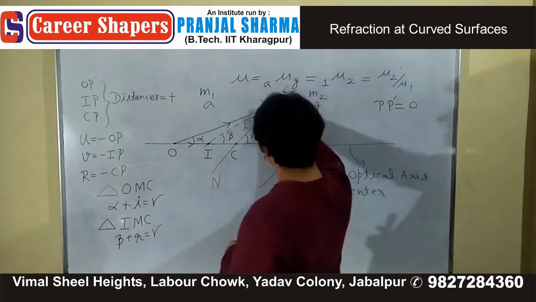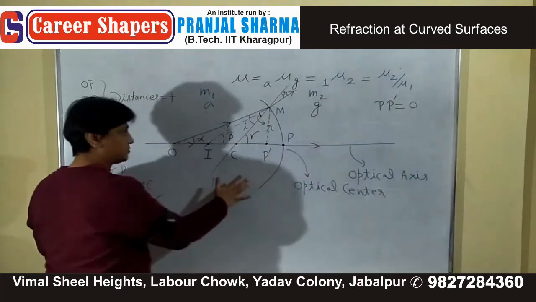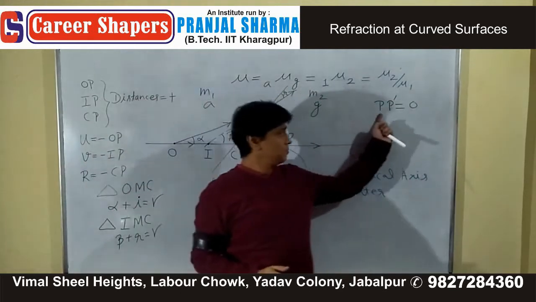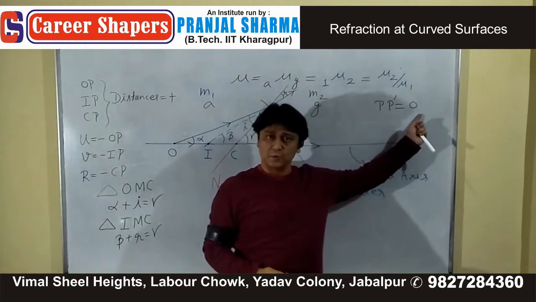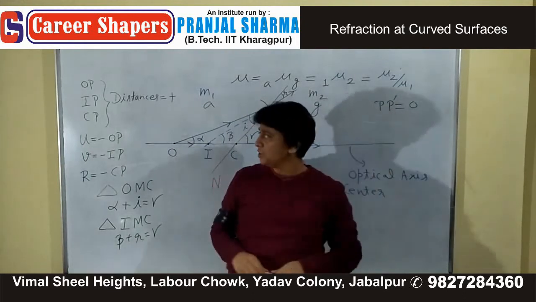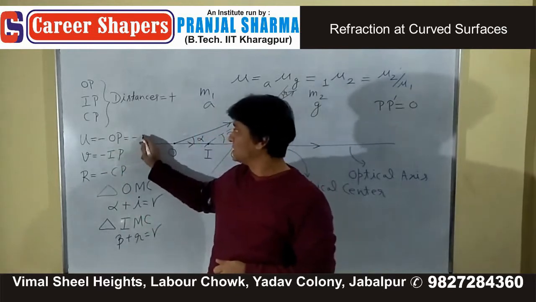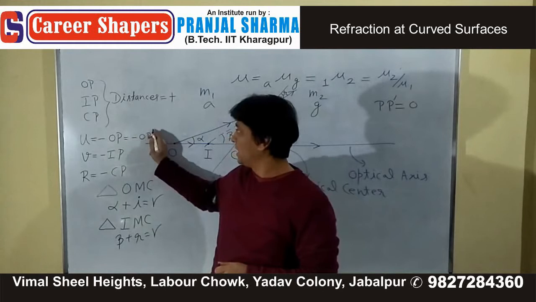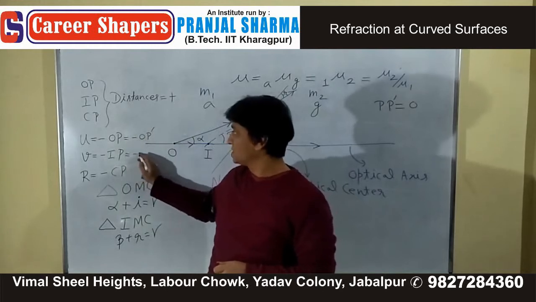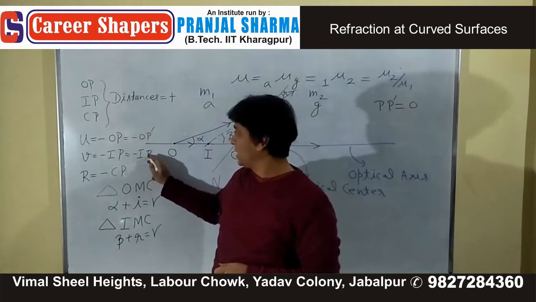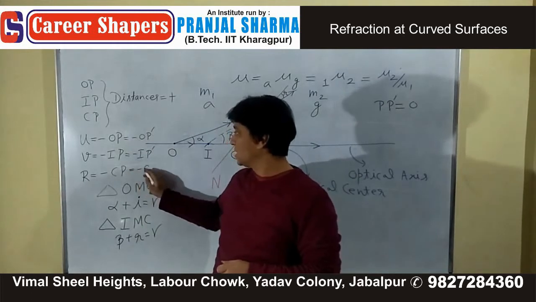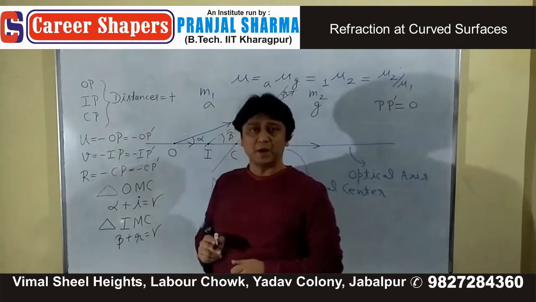For that purpose, if the aperture size is small, automatically your PP dash becomes 0. If PP dash is 0, this OP is nothing but OP dash, this IP is nothing but IP dash, and this CP is nothing but CP dash.